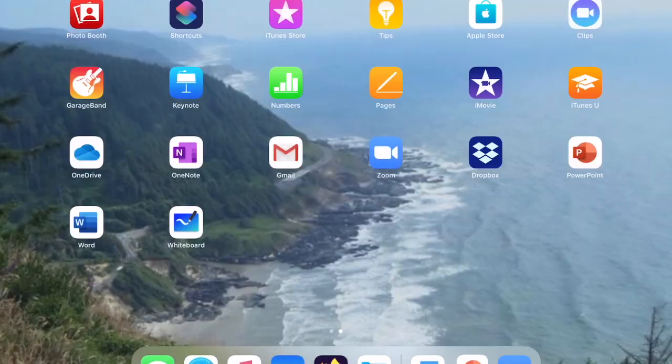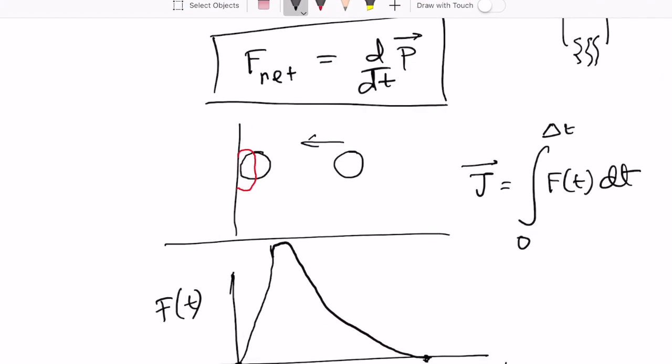Maybe I'll just do that, t initial to t final, just to make it match with the PowerPoint. The point is that the integral should only make sense as long as the force is not 0, and the force is not 0 between t initial and t final. So that is the formal definition of impulse.